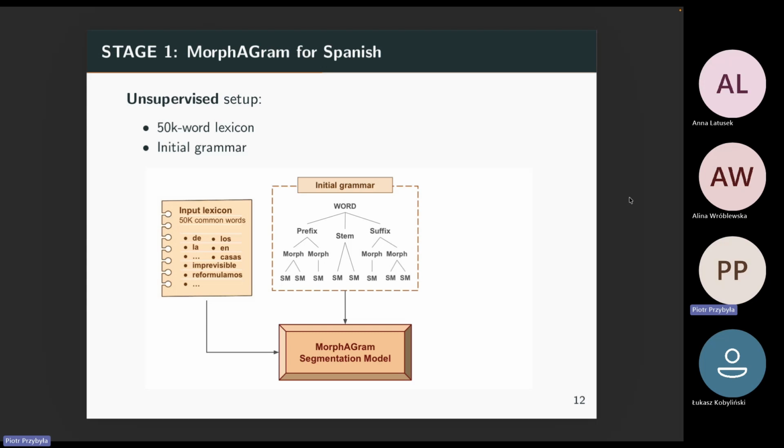Has anyone heard of it? No. So this is a funny thing because this is an unsupervised segmenter. Unsupervised in the sense that it has this kind of grammar which is telling it the structure of a word, right? That the word has a stem, has a prefix, has a suffix, and then it has morphs, and then these morphs have submorphs.